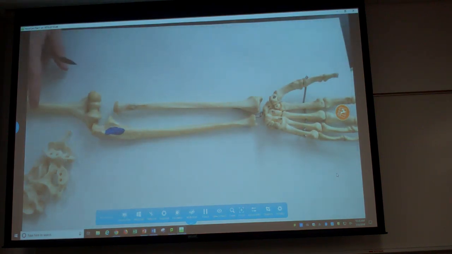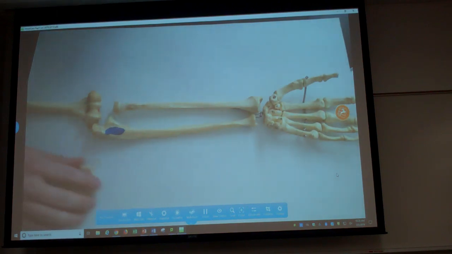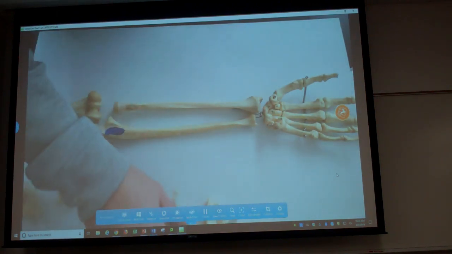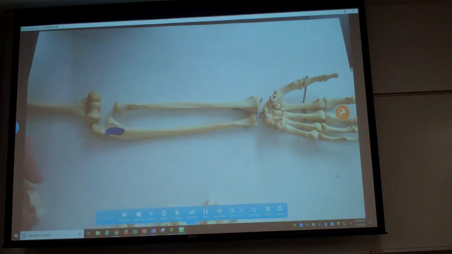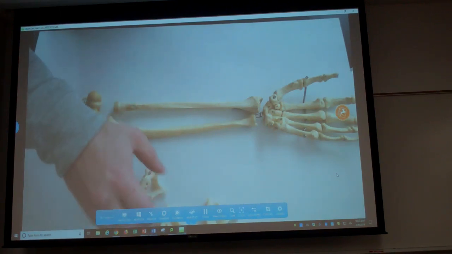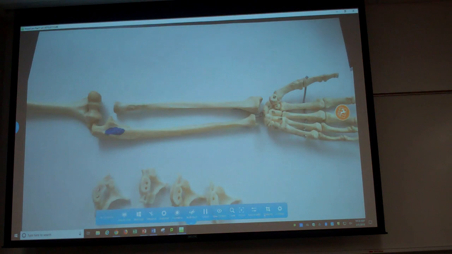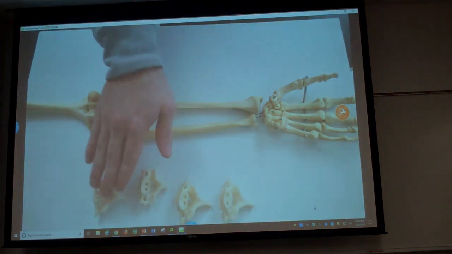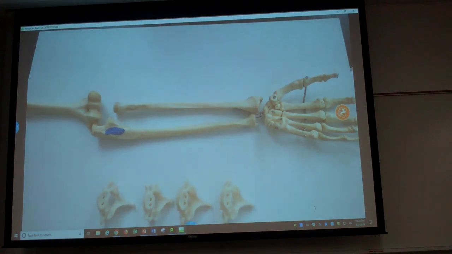We've got the left humerus up here, and that means my spine is going to be over here. This is an anterior view, so we're looking at it from the front.